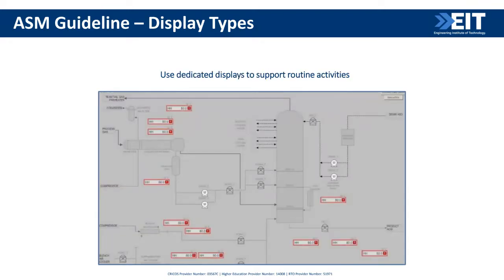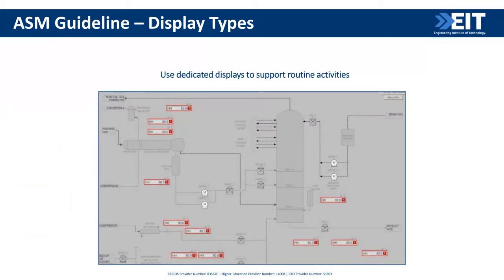And the second guideline that I'll discuss today under display types is use dedicated display to support routine activities. So what you're seeing here is called a level 3 display. Again, it's in a nitric acid plant. It's an absorber. So if the operator wants to look at what is happening within the absorber, how the process parameters within the absorber are currently doing, then he can come into this display and he will be able to control the key process parameters like whether it is level or flow or pressure, right?